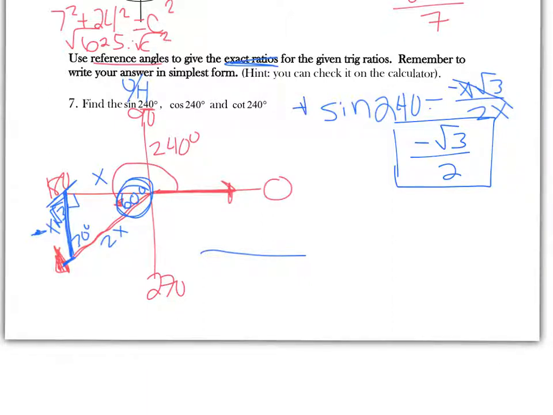All right, let's go through and do cosine 240. Cosine is adjacent, so adjacent to 60 is x over hypotenuse, which again is 2x. Those cancel, what am I left with? Just 1 over 2. Okay, again, check it in your calculator. Cosine 240, you get negative 1/2.